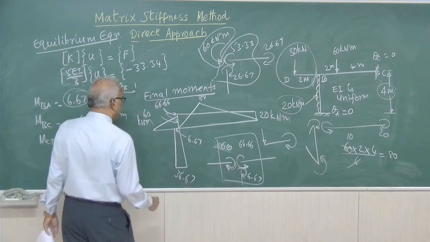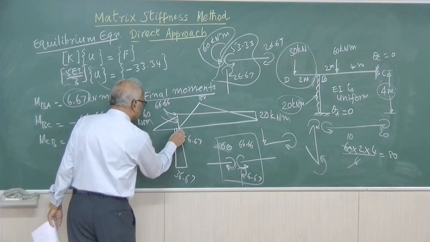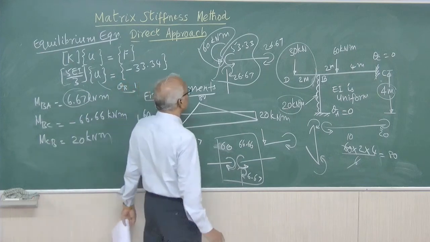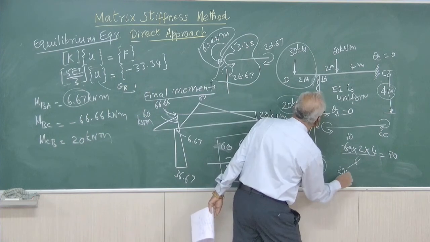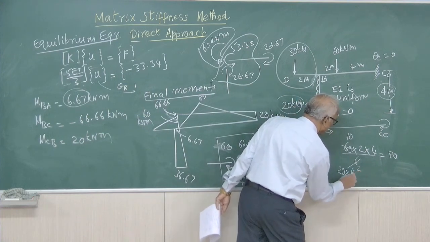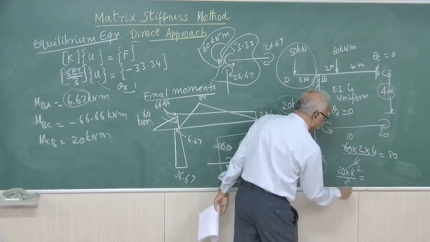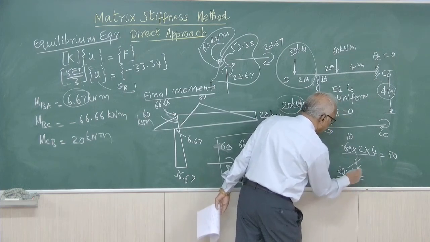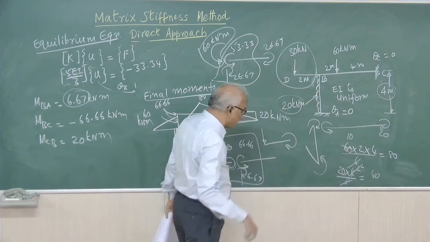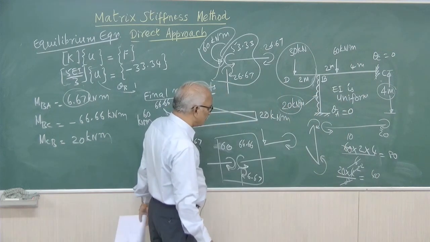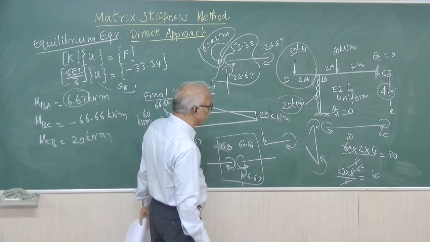And for the column, it is WL square by 8, the simply supported moment. That will be 20 into 4 square by 8. So 4 square will be 16, divided by 8 equals 2.